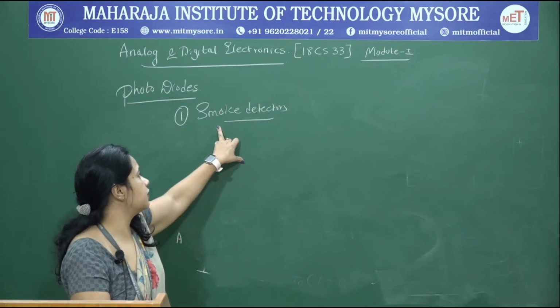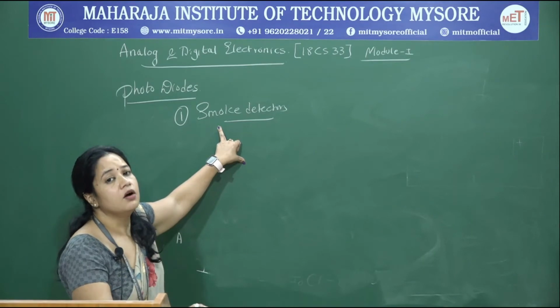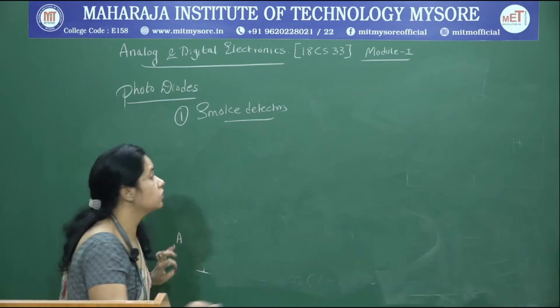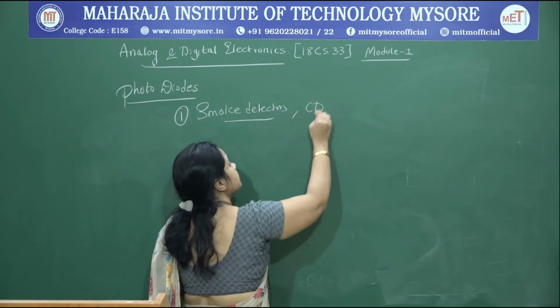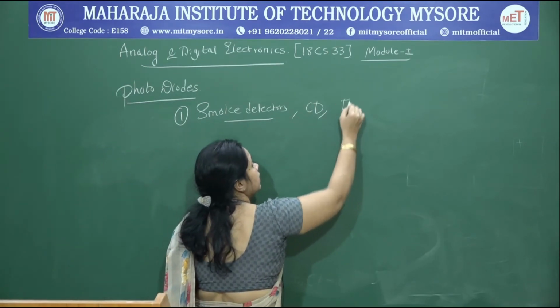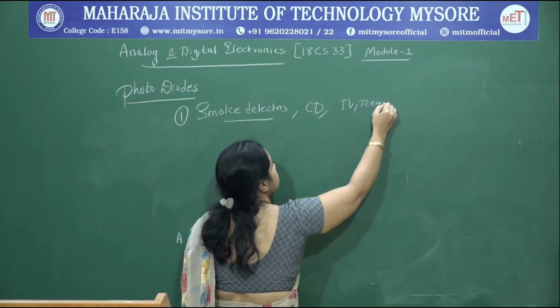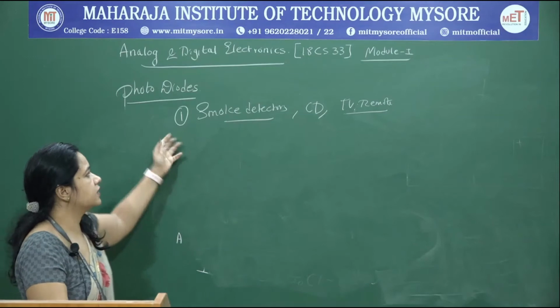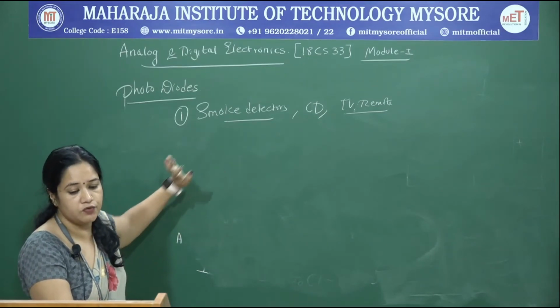Associated with this you usually have alarms indicating the presence of smoke, and it is also used in devices like CD players and TV remotes. Various electronic devices such as remote controls, CD drivers and smoke detectors make use of photodiodes.